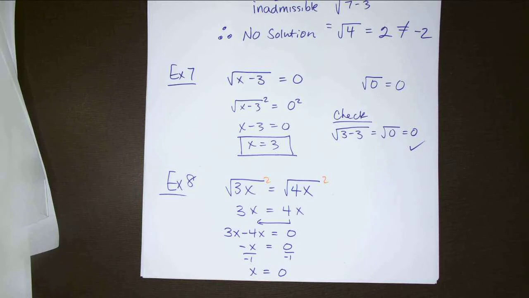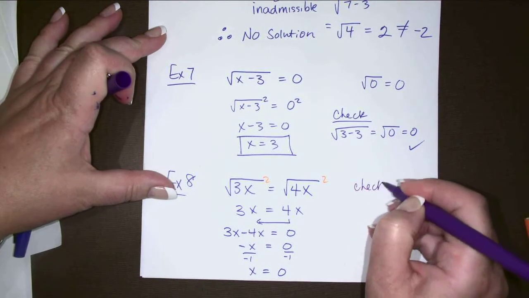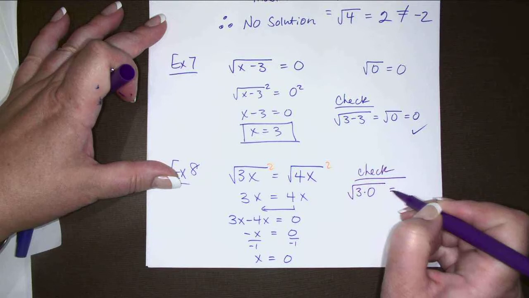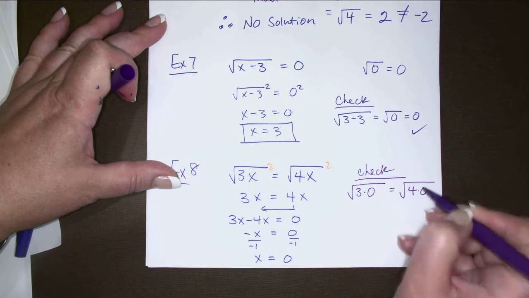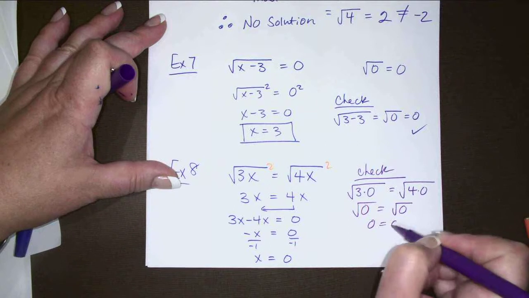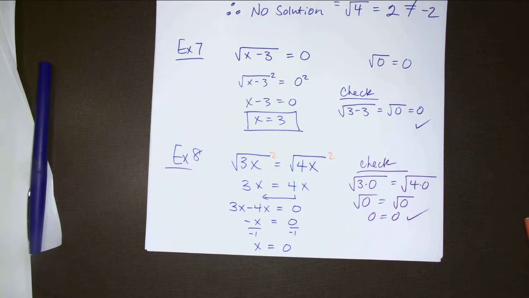You wouldn't need to go all through that if you notice, but you can plug in 0 here. 3 times 0, 0. 4 times 0, 0 equals 0. I didn't do left-hand side, right-hand side because they were both just really small. It was easy enough to write an equal sign in between and do them.